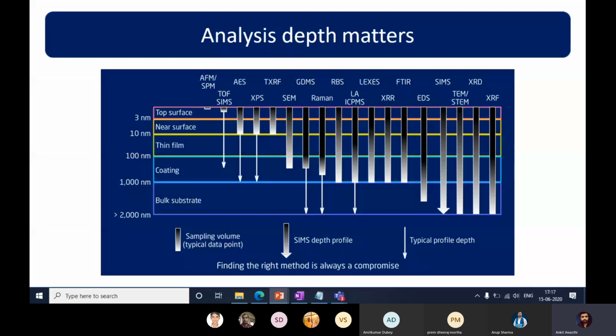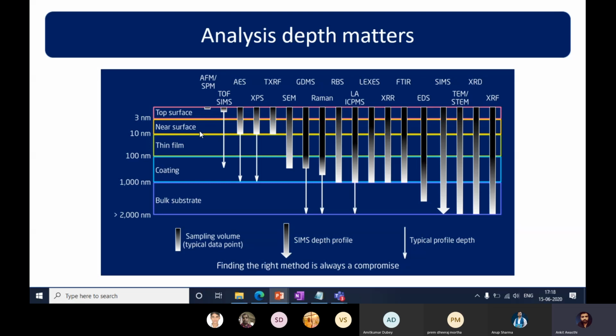Another thing that matters is how much depth you want to analyze. Some processes are only for the top surface, but some are used for analyzing in depth below the surface. Here you can see some, like AFM, AES and XPS, are focused only on the top surface or near surface, up to 10 nanometers.